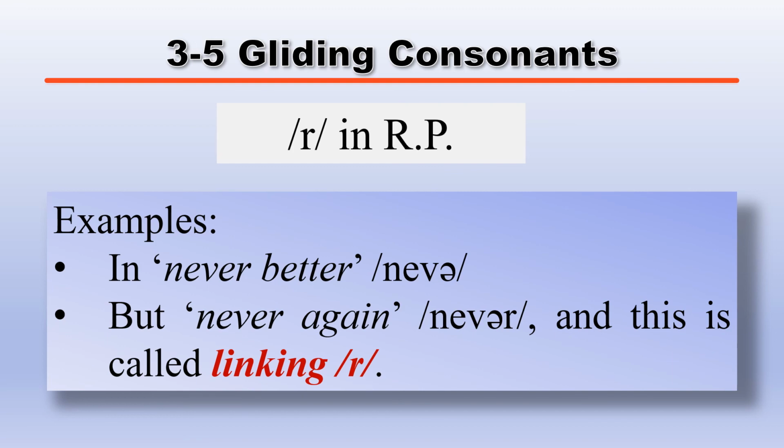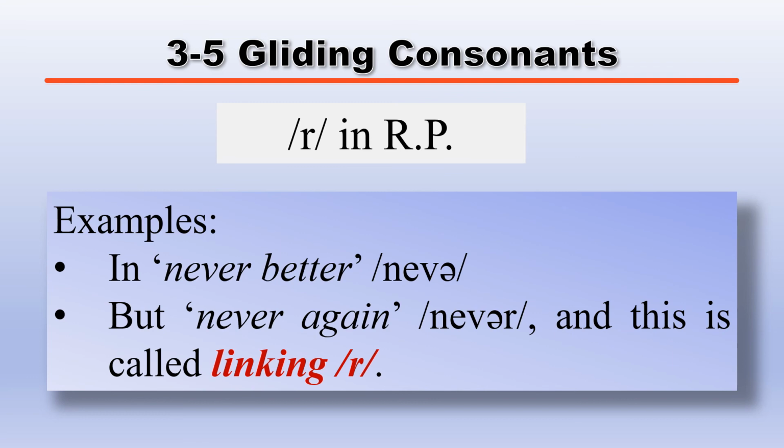And even when we say never better, because after ra we have be, we don't pronounce ra. We say never better. But when we say never again, so we begin with a vowel, we say never again. This is the linking ra.